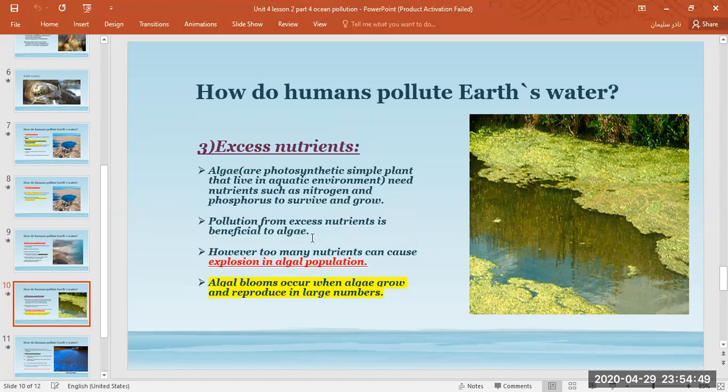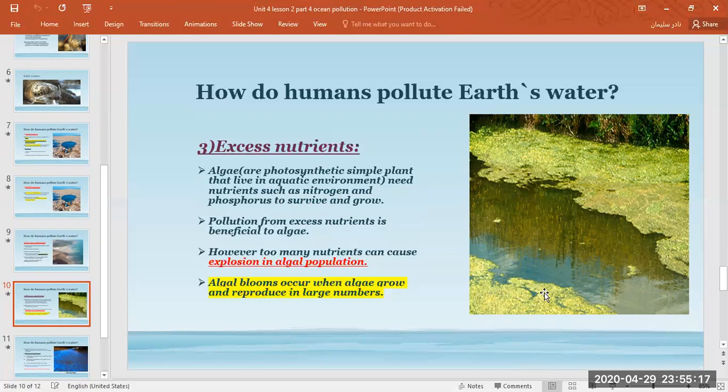It means fertilizers from farms carry most of the nitrogen and phosphorus. Most of these nutrients come from farms through runoff, from fertilizers. When they reach the ocean, the algae use this phosphorus and nitrogen to grow more and more.